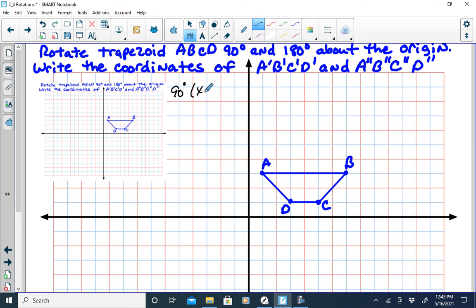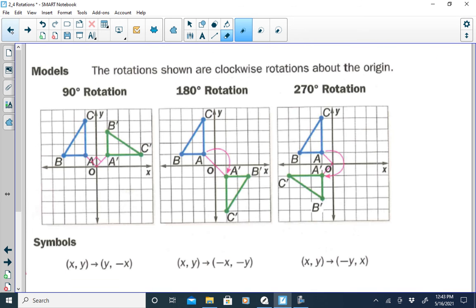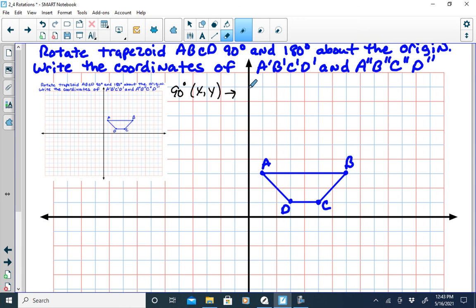Our rule, x comma y goes to y and opposite x. So x comma y goes to y, comma, opposite x.